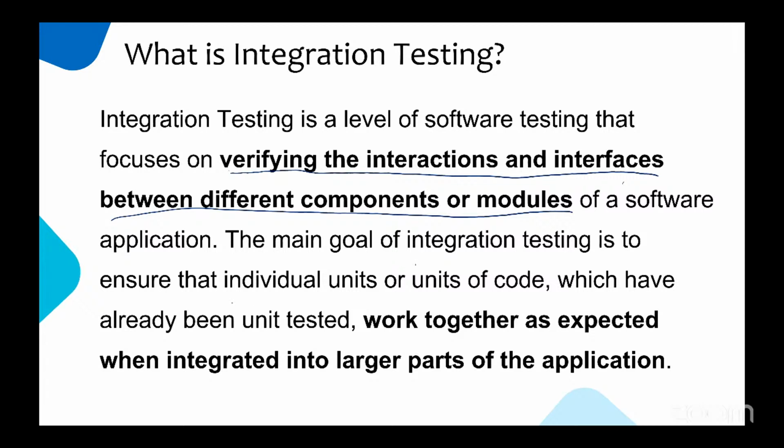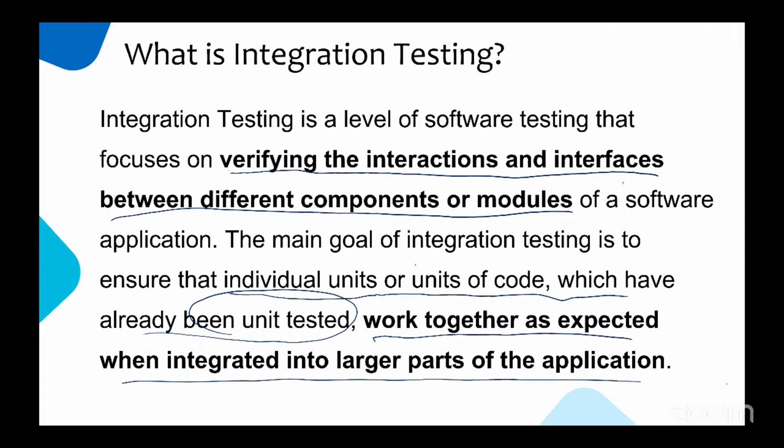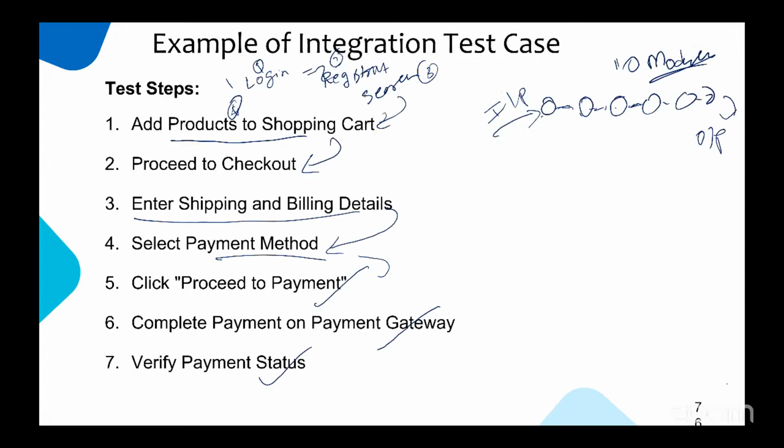Integration testing is to ensure that individual units of code, which have already been unit tested, work together as expected when integrated into larger parts of the application. So we have integrated all 10 modules. Now, is it working from start till end? If it works, then the integration test case is passed.